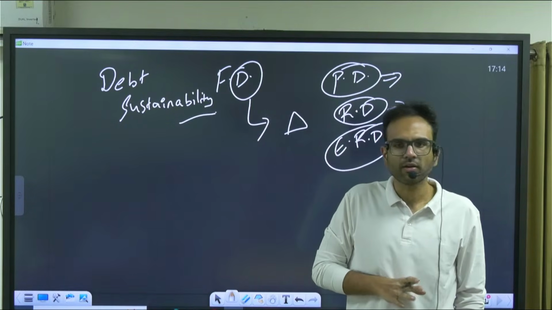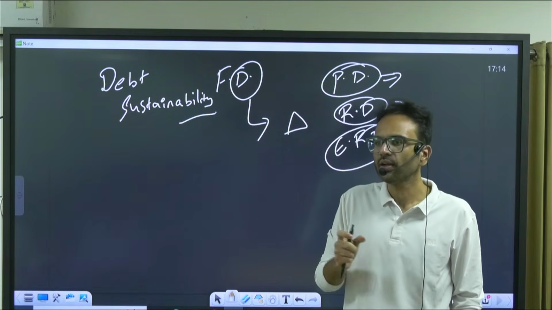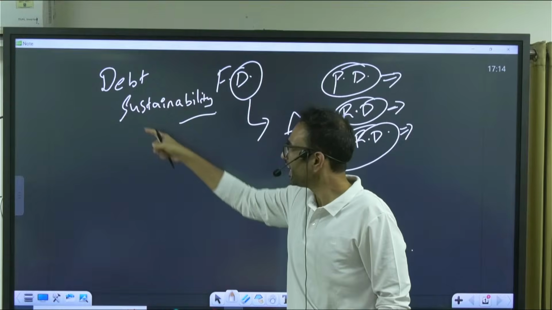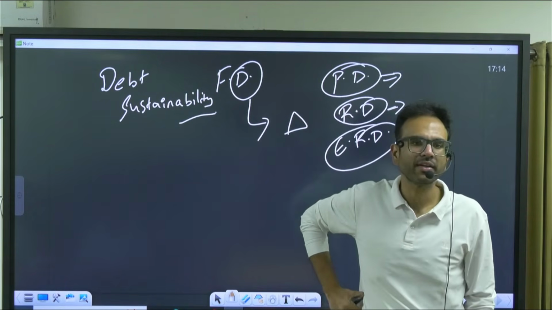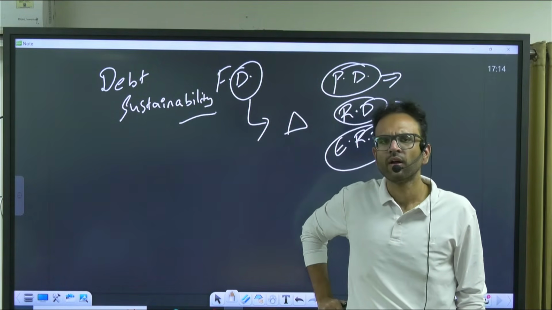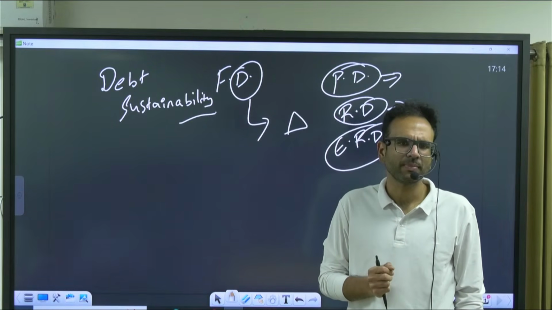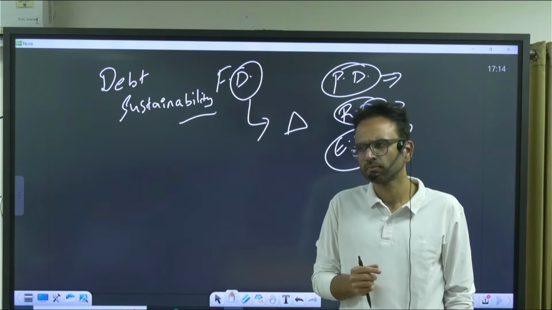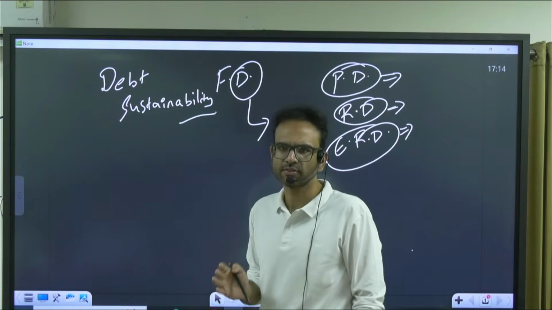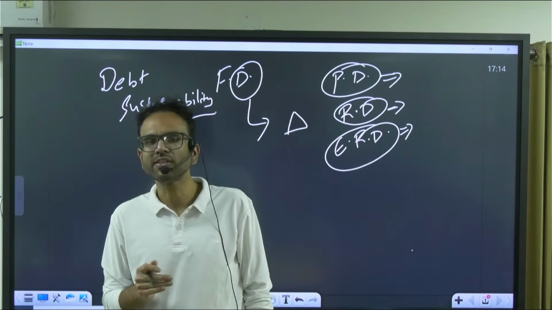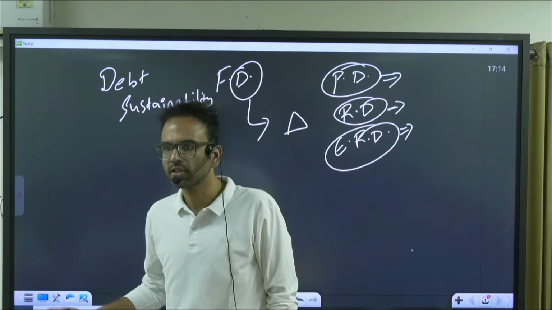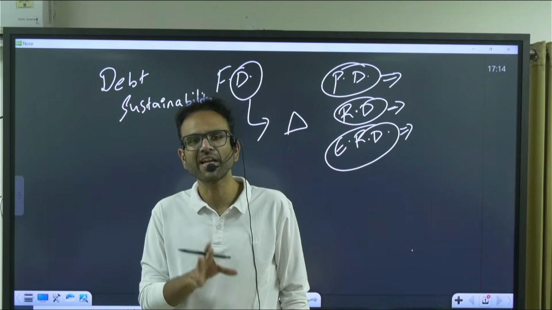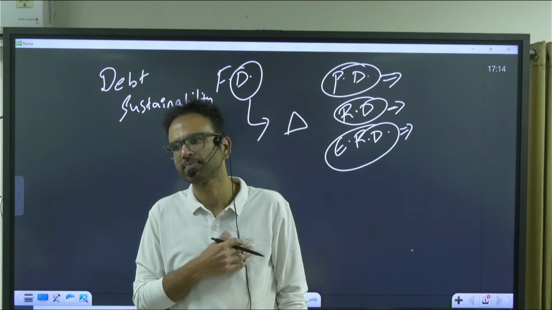The concept of this chapter and the way forward completely relies on our understanding of debt sustainability. Why are you taking a loan? Basically, to do some business. Ideally speaking, loans are not meant for consumption. Loans are always meant for creating a new business or an asset.